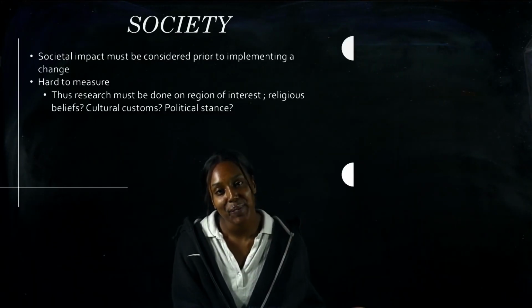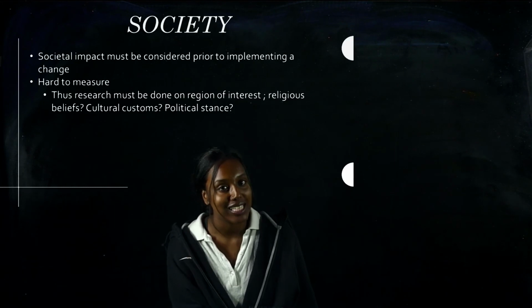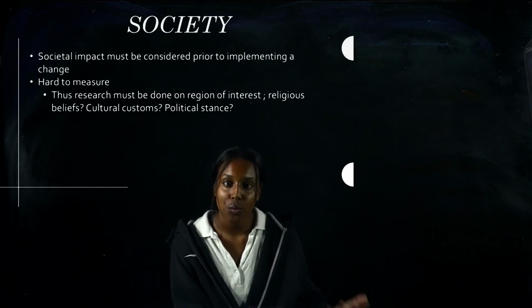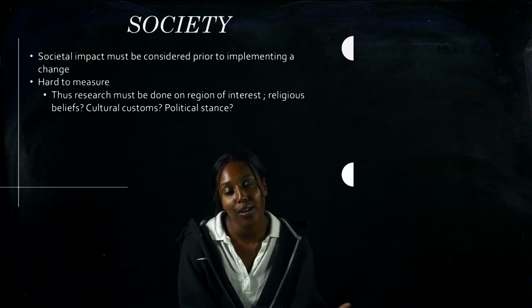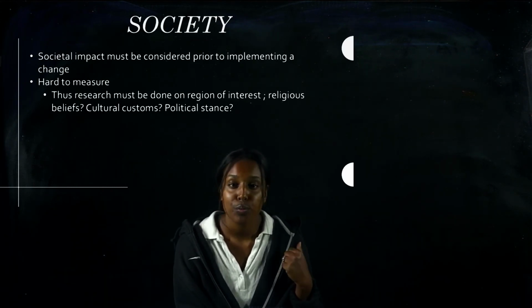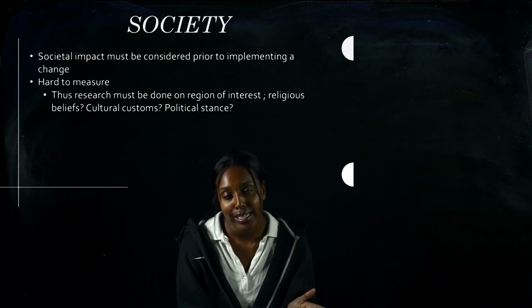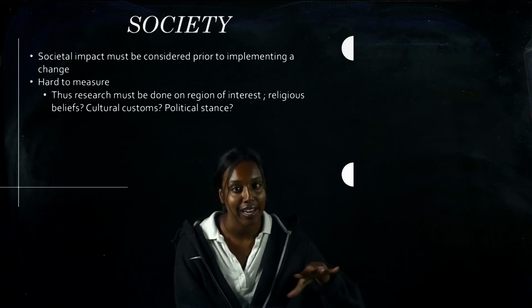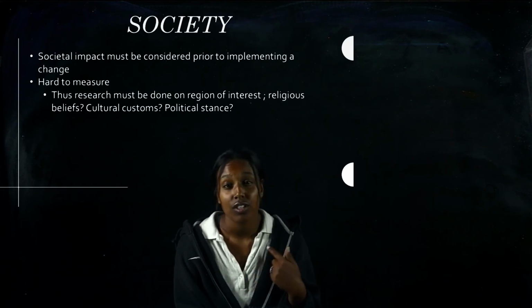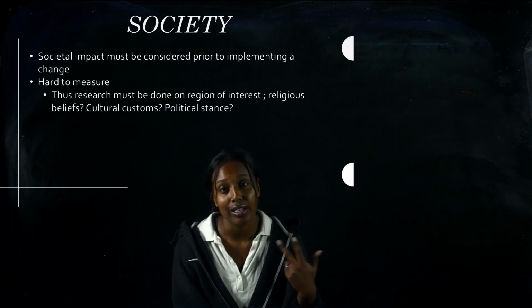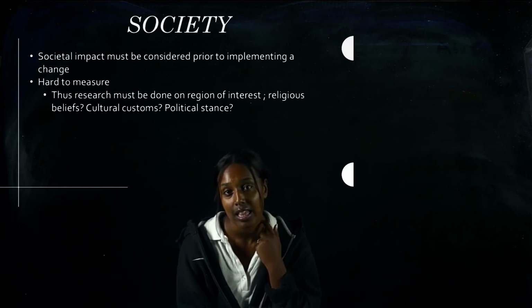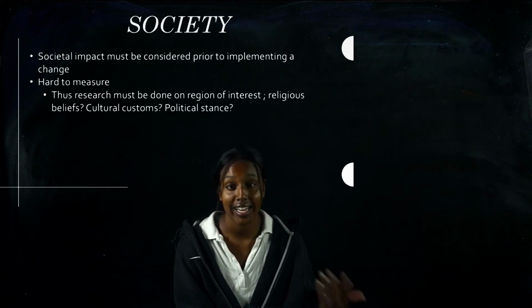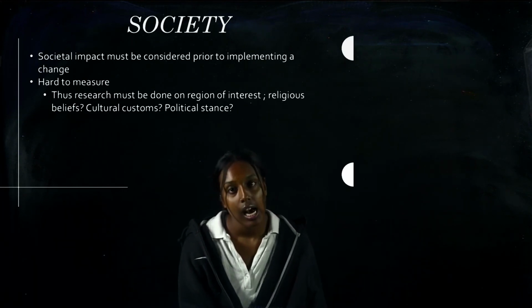So the third pillar belonging to the TBL of sustainability is the concept of societal impact. And this really just speaks to the fact that you may have a process that's super affordable and environmentally friendly, but doesn't align with the people in that area's religious beliefs, their cultural customs, and their political views. There's many different things that ultimately can result in the society rejecting the process or the product.